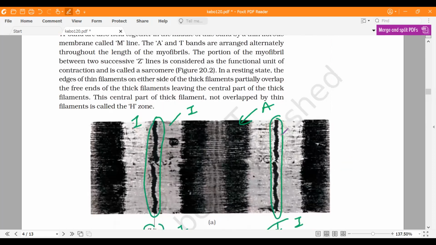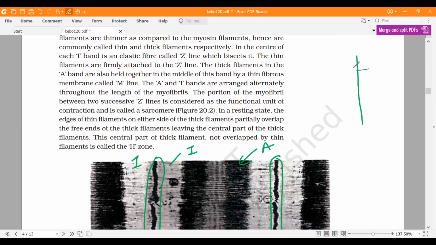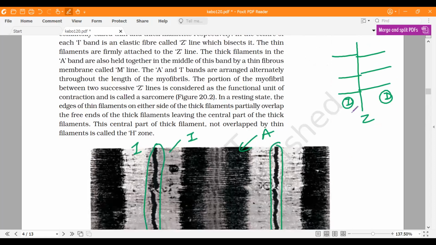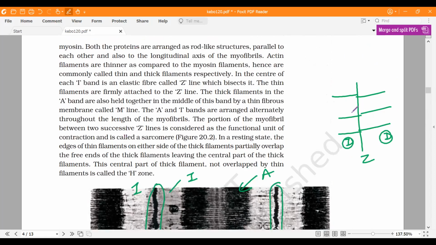Got it, beta? So each of these I bands is connected to the Z line. The Z line will pass through the center, so the Z line will bisect it.